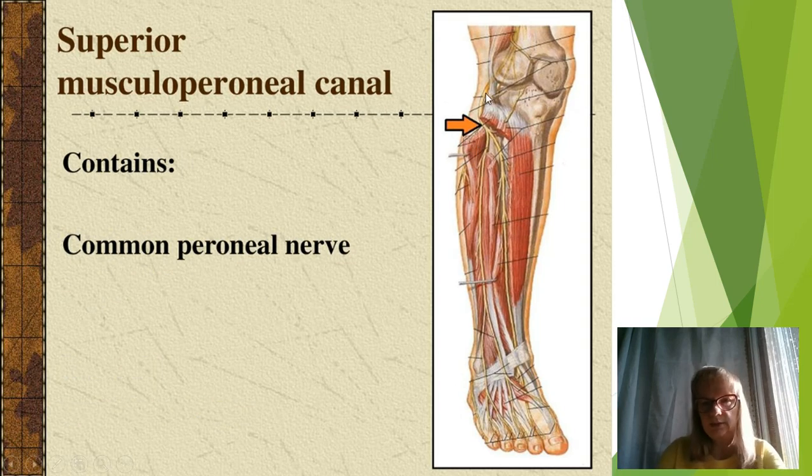It contains one branch from the sciatic nerve. I said that the sciatic nerve in the popliteal fossa gives two branches: the tibial continues in the popliteal fossa, and the common peroneal deviates to the lateral aspect around the fibula and occupies the superior musculoperoneal canal. The common peroneal nerve is located here.